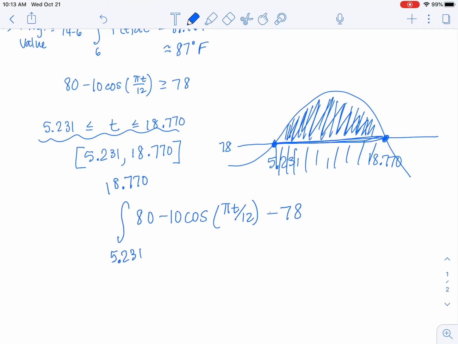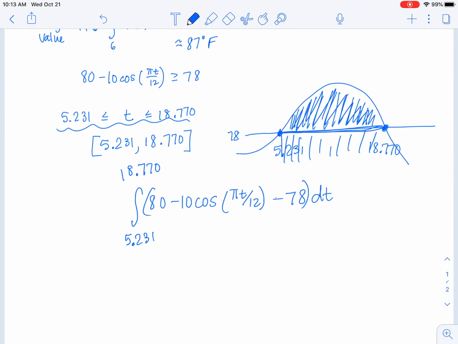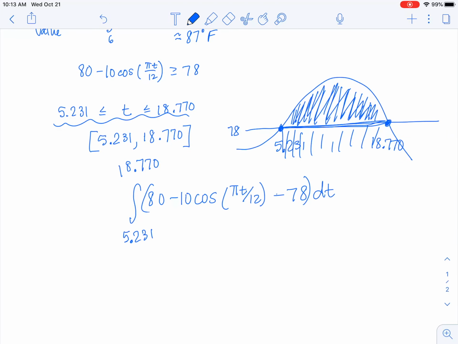Accumulation means area, or total, or add all of that up. But now they wanted you to get the cost, and the cost is going to be that nickel times all that. That was worth 3 points.